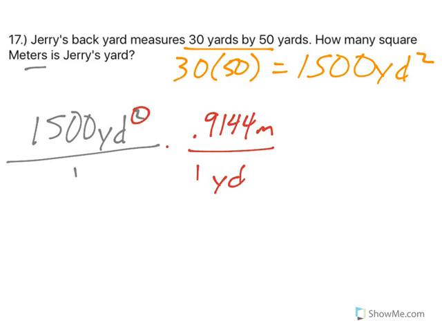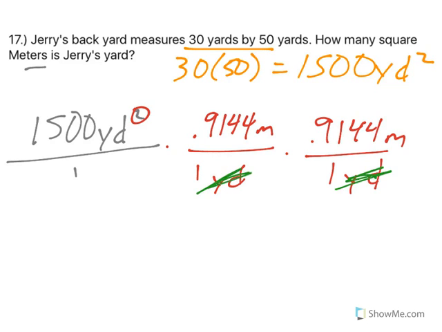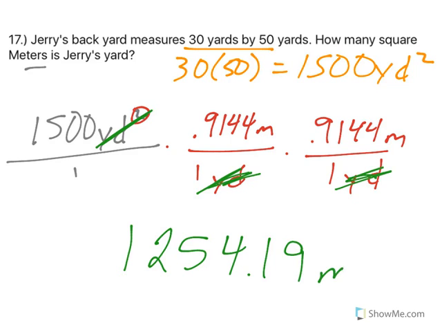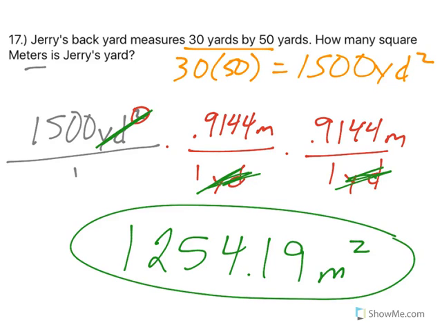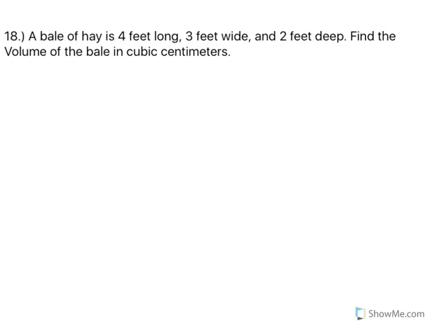Well, don't forget, exponent is 2. That means I want to do this twice. Because 1 yard, 2 yards cancels out my 2 yards. I multiply straight across and I end up with 1,254.19 meters squared.